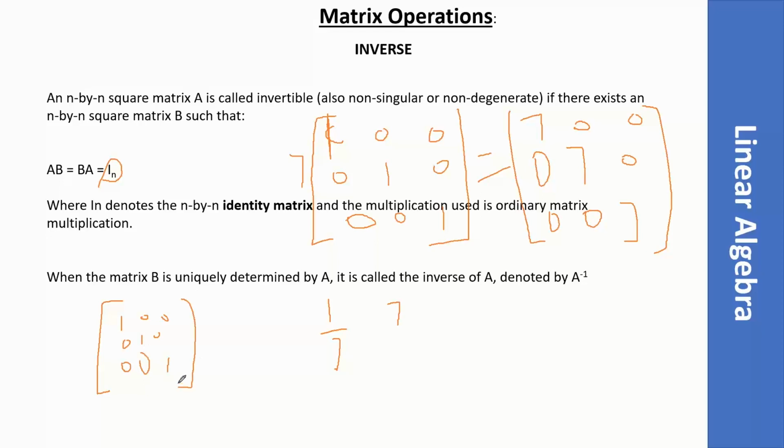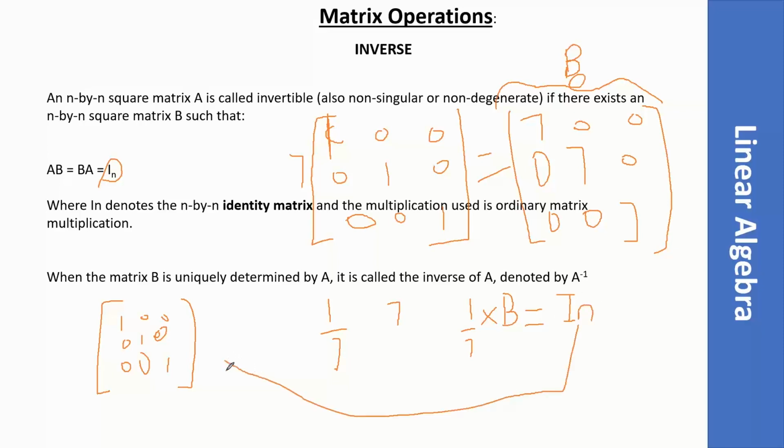Because 1 by 7 is the k value that I have got, I will just get the identity matrix, that is IN. The thing I explained over here, this is the identity matrix. So if I multiply 1 by 7 into this matrix, I'll get the identity matrix.